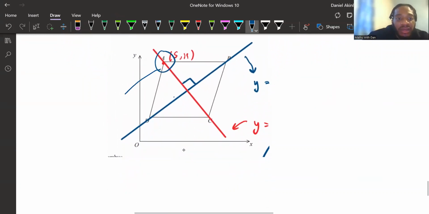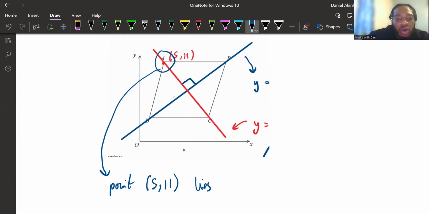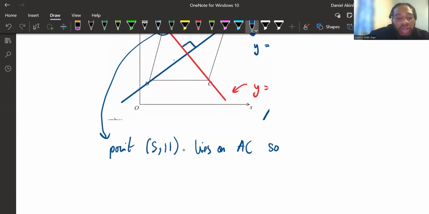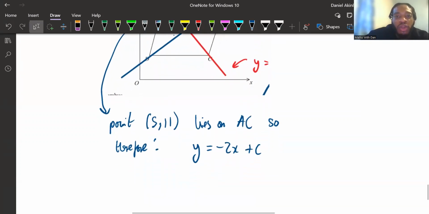We could say that point 5, 11 lies on AC. Therefore, remember, the equation of the line was y is equal to -2x plus c. And remember, we know a point. This is x equals 5, and this is y is equal to 11, isn't it?